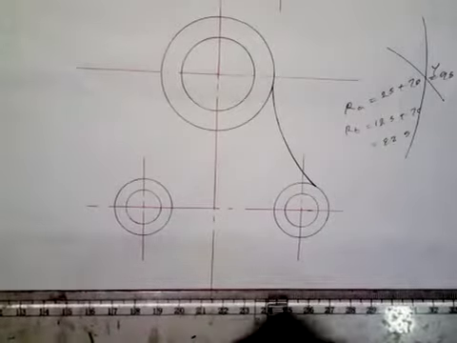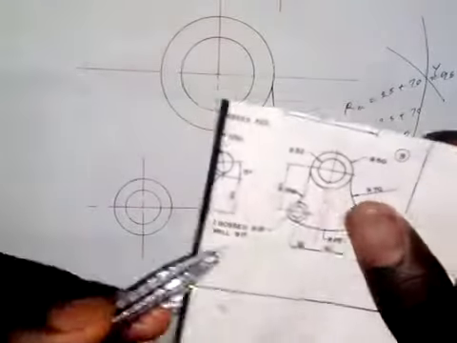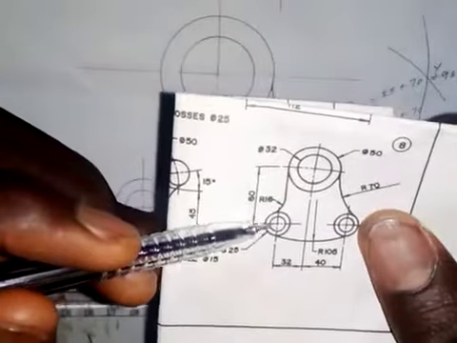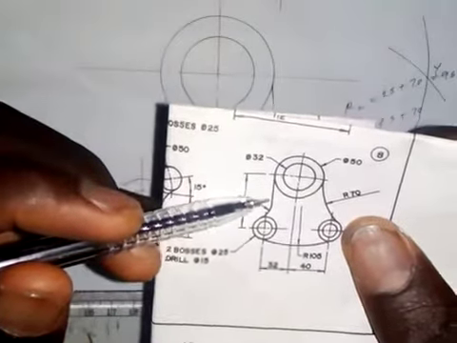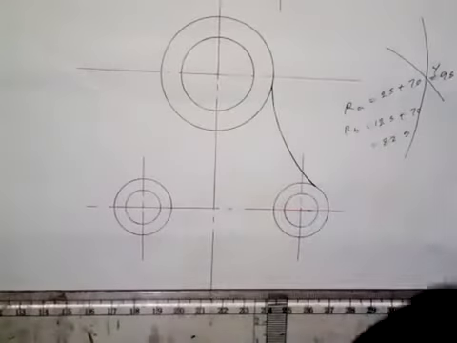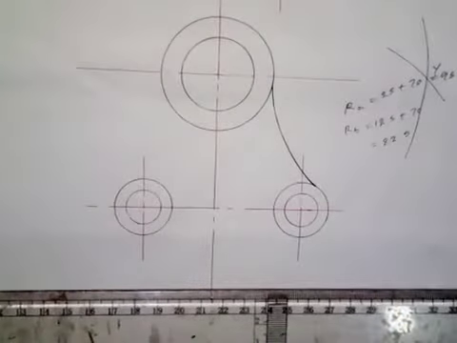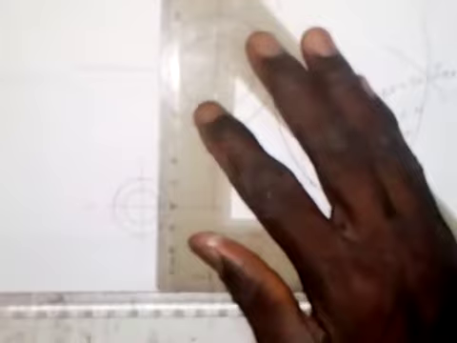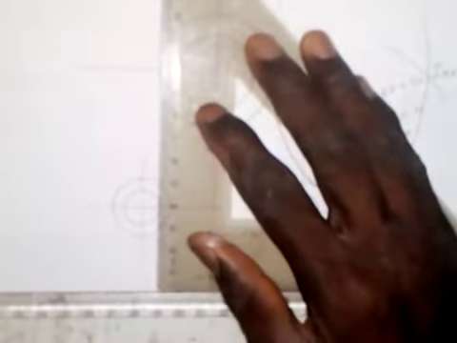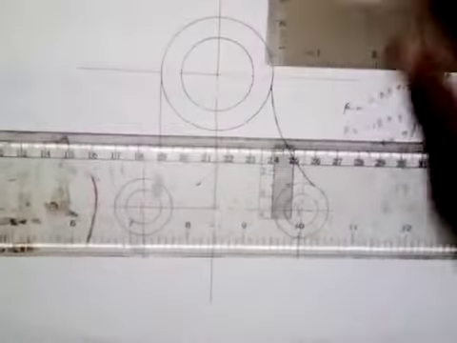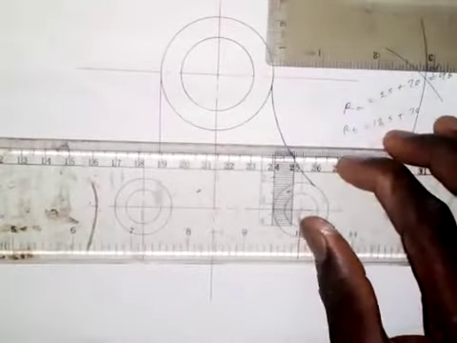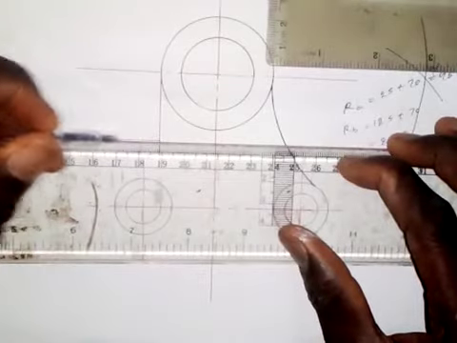So the next is that I want to draw this arc that connects this circle and this straight line together. The first thing I'm going to do is draw a vertical line from this point, draw it down with my red pen, and then I will come up anywhere on this line and draw a horizontal line like this.